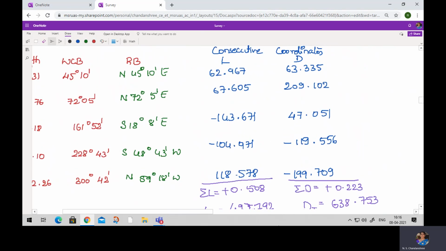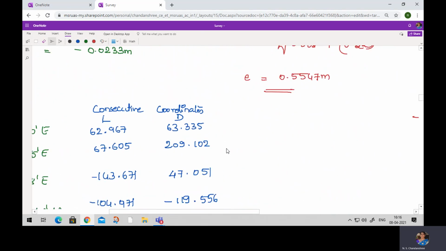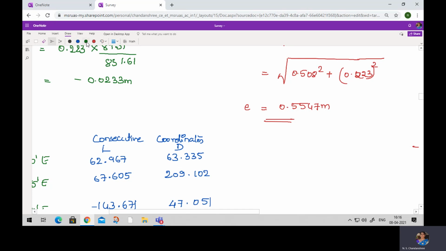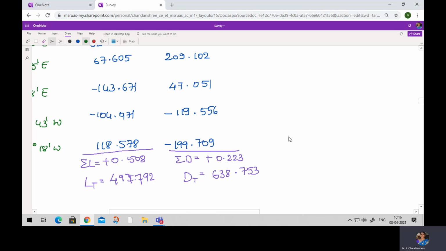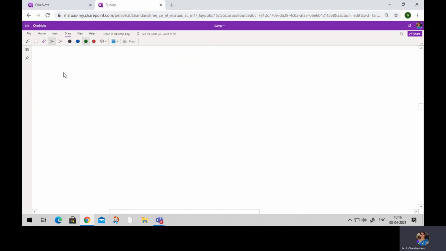So now I will tell you how to find out the correction. Next step here is finding out the correction. So next column is correction. Again latitude correction, departure correction. So one sample calculation I'll show you here. Correction for latitude is equal to, the formula says, total error in latitude or departure, that is sigma L, multiplied by latitude of that particular line divided by the arithmetic sum.